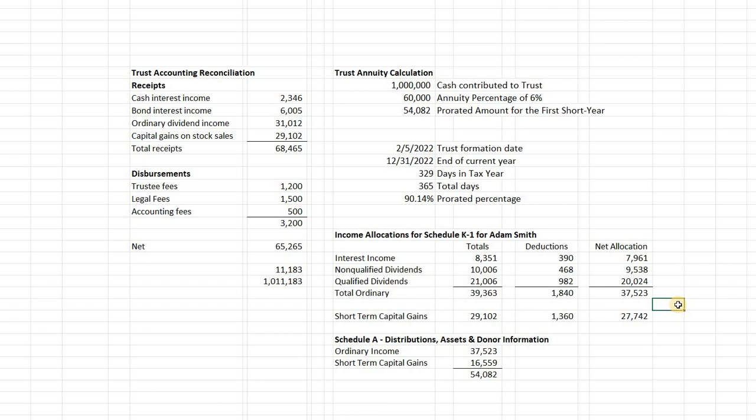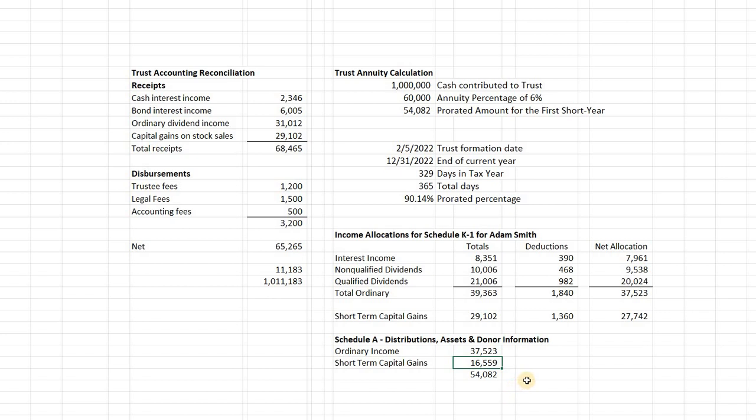Well, we didn't distribute $65,000 and change to Adam. We did $54,000. So effectively, the difference between the $54,000 over the amount of ordinary is the difference that is remaining that was paid out to Adam. That is capital gain in character.